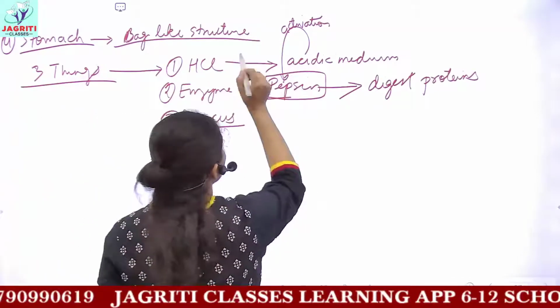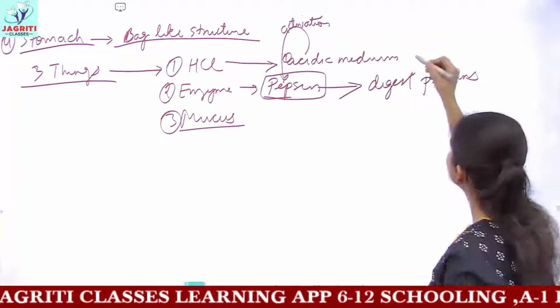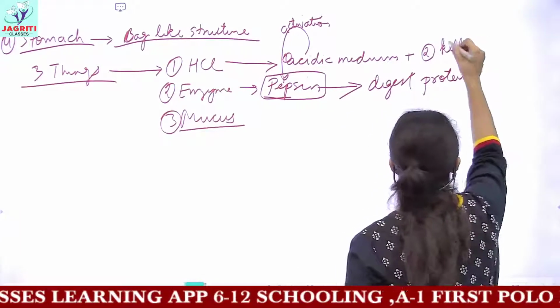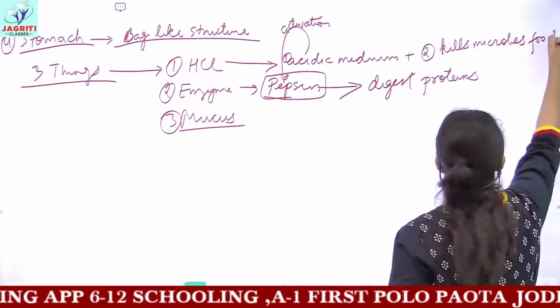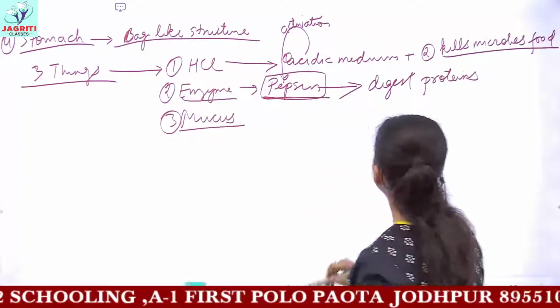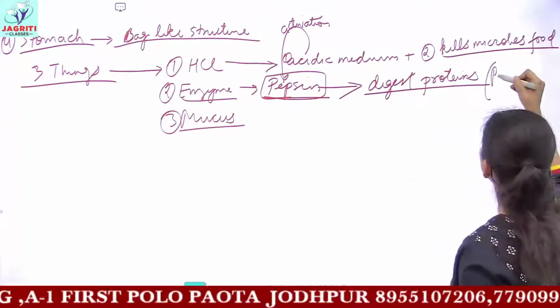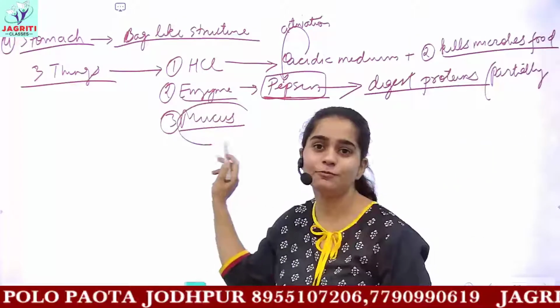HCl serves two functions. Firstly, it provides an acidic medium for activation, and next, it kills the microbes present in your food which can cause diseases. The enzyme pepsin helps in the digestion of proteins, but remember, proteins are only partially digested here.